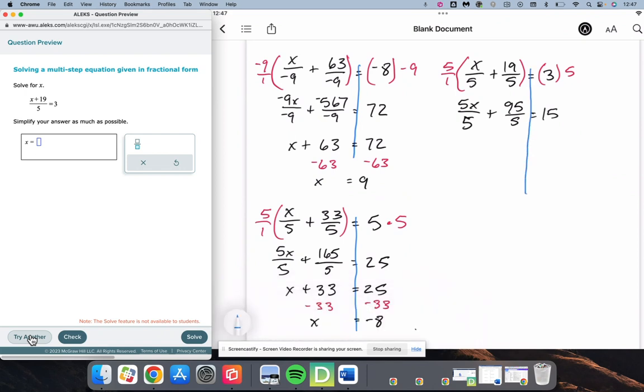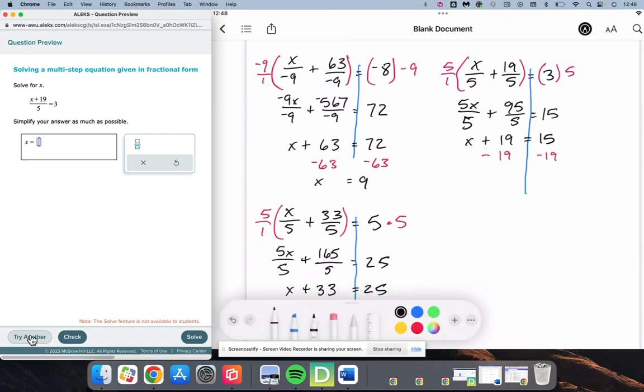We're going to see that those fractions will come out to be whole numbers now. So 5x divided by 5 is x. 95 divided by 5 is 19. And we're still equal to 15. So we have x plus 19 is equal to 15. All we need to do to isolate the variable is to do the inverse operation of adding 19, which is subtracting 19. We get x is equal to negative 4.